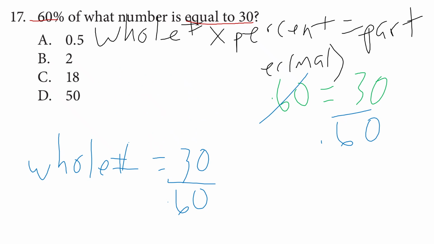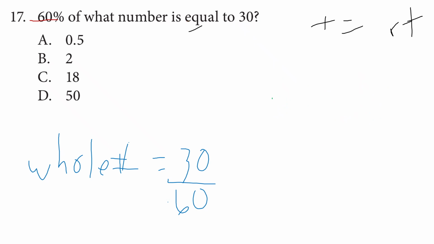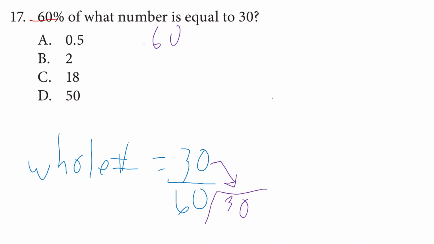So that's what we end up with, but we need to divide 30 by 0.60. So to do that, again, we just bring that 30 down. So now we have 0.60, and I need a little bit more space. 30 divided by 0.60.